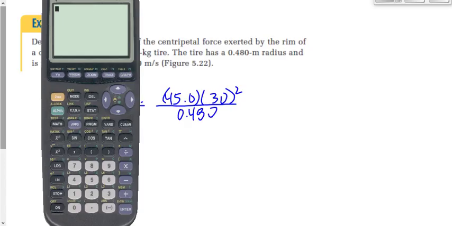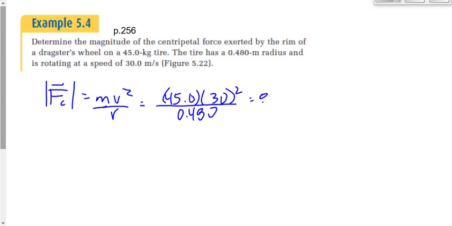Let's figure out what that is now. On our calculator, we're going to say 45 times 30. Don't forget to square that. And then divide that by 0.480. That gives us a centripetal force of 8.4375 newtons, or rather 84375 newtons. We want to round that to 3 digits, right? 1, 2, 3. Here's my 3 digits, here's my fourth.